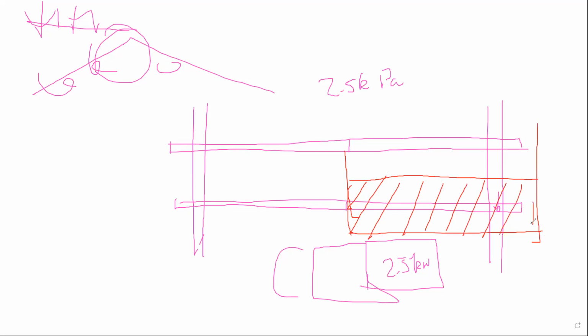Do you follow? So if I take a pressure of 2.5 kilonewtons per meter squared, and this stud is carrying, for example, 10 meters squared, therefore there's going to be 25 kilonewtons of snow going right through that stud.